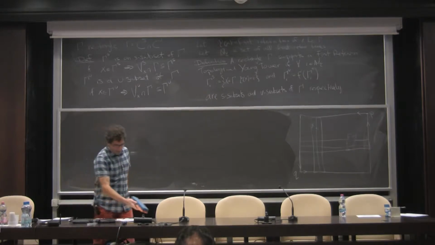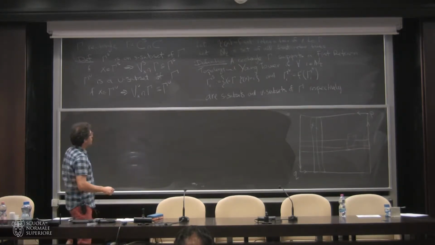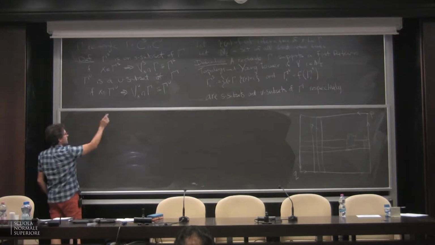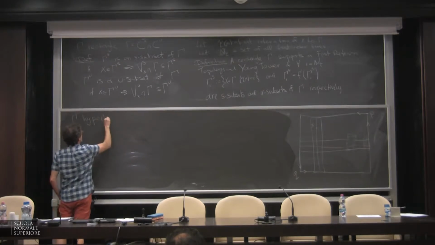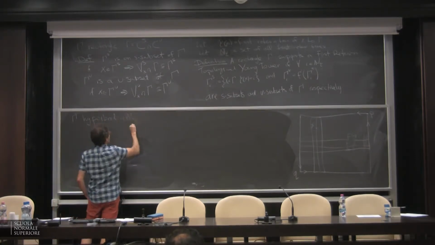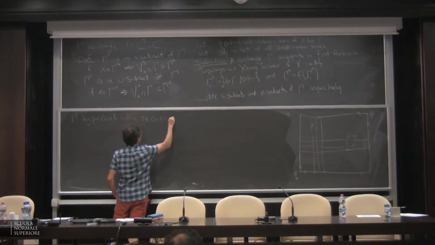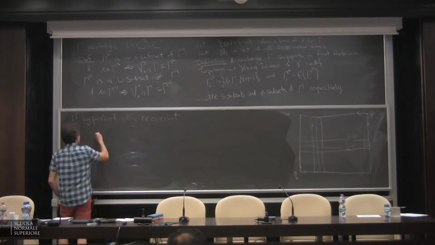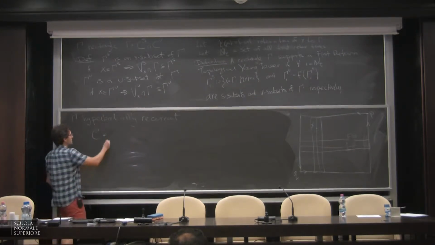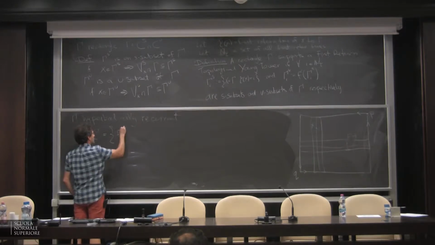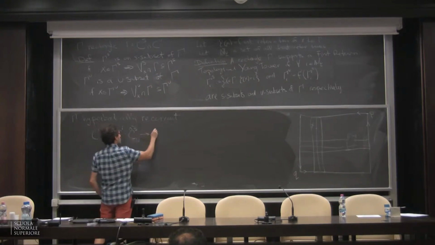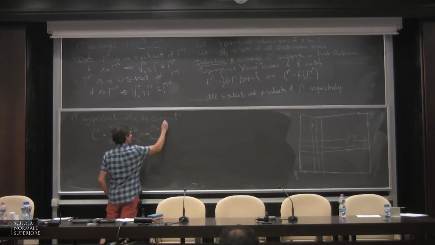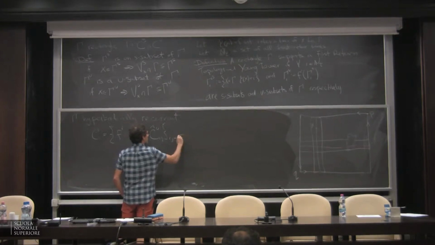So how are we going to construct a Young tower? Recall that since by assumption gamma is hyperbolically recurrent, we have the set C of all the hyperbolic branches that come from the returns. We denote these hyperbolic branches by C hat ij, where ij belongs to some index set.